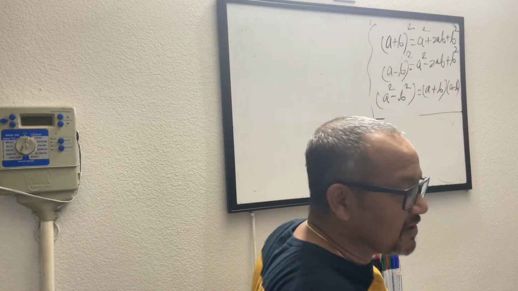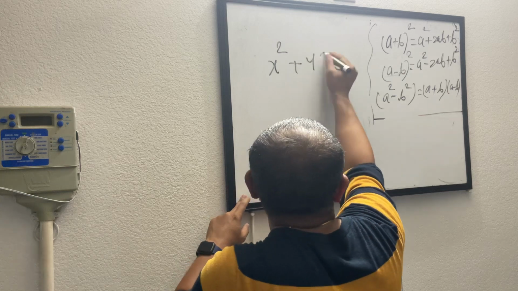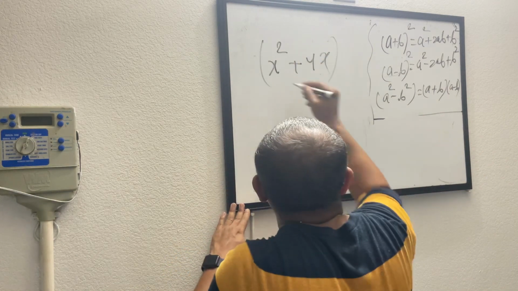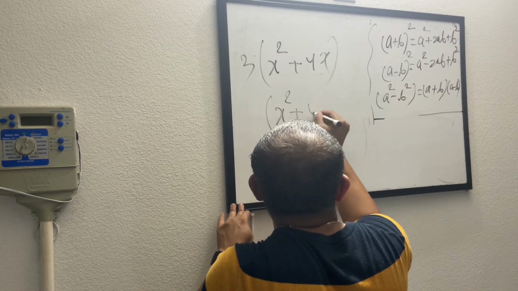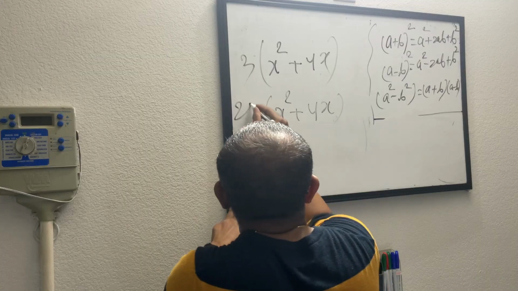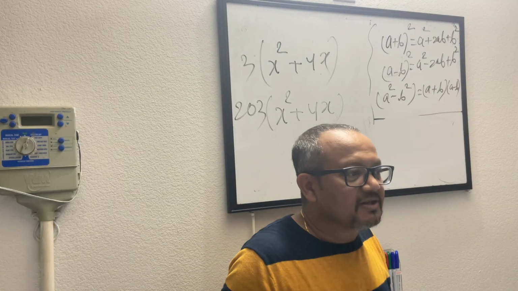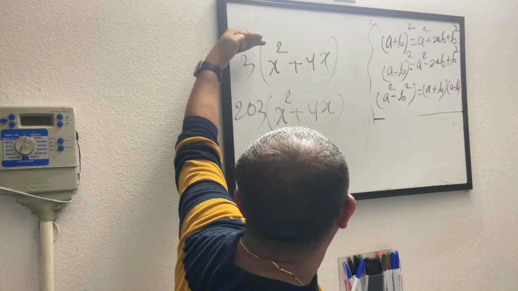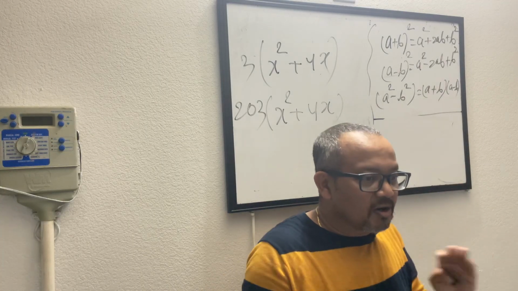It doesn't make any difference. So is the case here. If you have an expression, let's say x squared plus 4x, and you multiply that by 3 or by 203, your overall behavior doesn't change. It just helps you look at it with a different view or a different mirror. That's it.